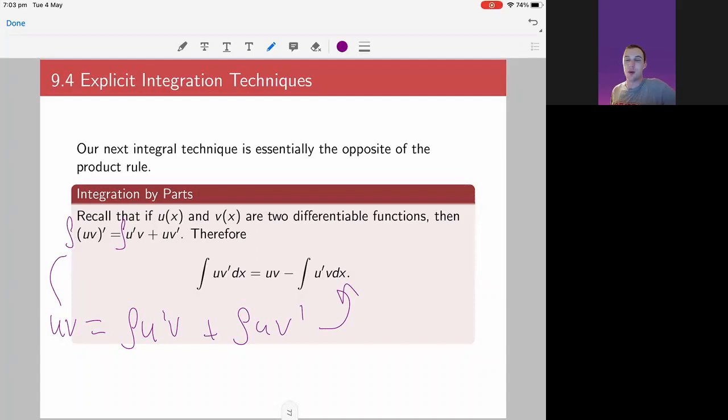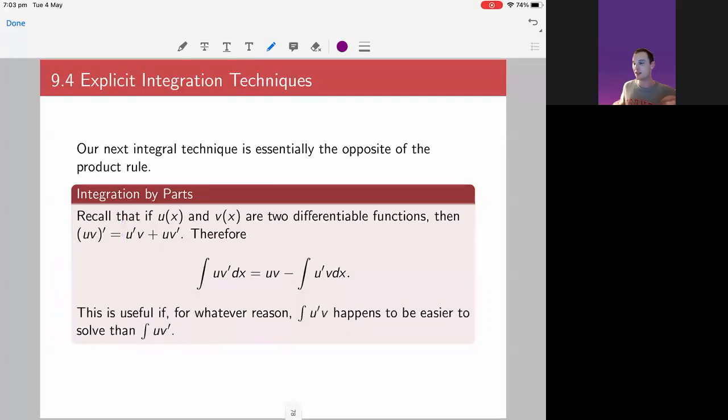Now, you might be thinking, what on earth is the point of integration by parts? You just replace one derivative with another. The reason for integration by parts is basically if you can work out that your integrand, what's inside your integral sign, is a product of something, so that if you put the derivative of one on the other side, you really want that new integral to be manageable.